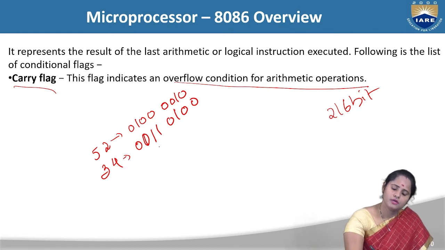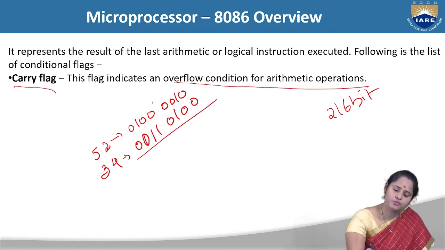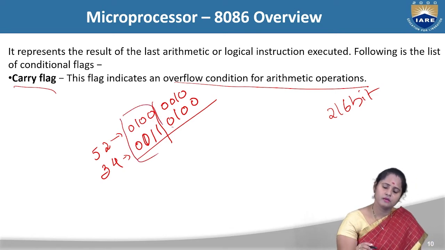Here, this is 1 nibble of 4 bits, and this is another 4-bit nibble.